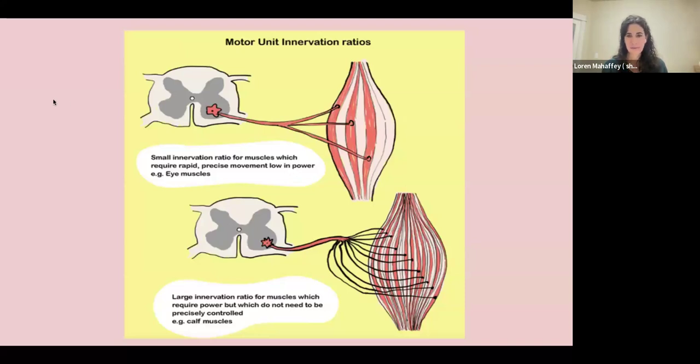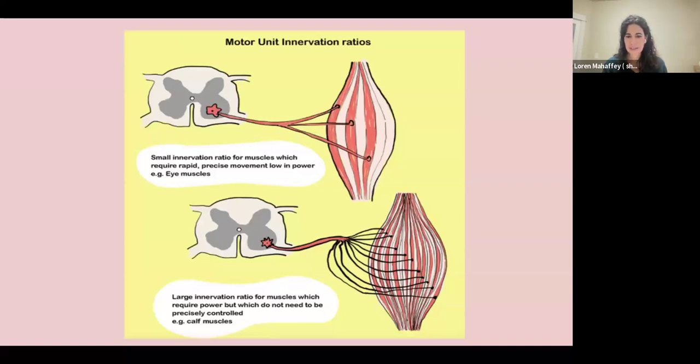We also have, like the example down here, large motor units and muscles that perform powerful but less coordinated actions, like the muscles of the legs and the back. They have motor units that are really large, with thousands of branches connected to thousands of muscle fibers per motor neuron.